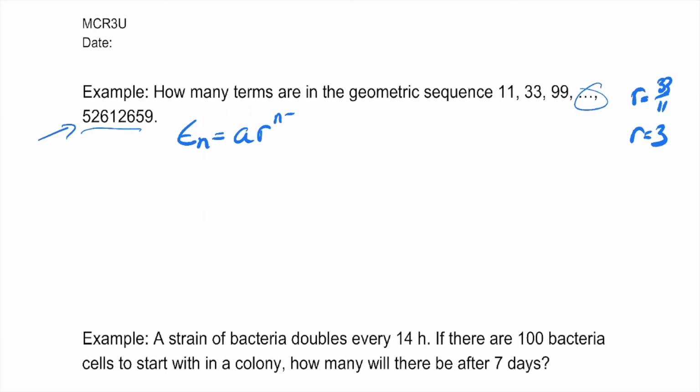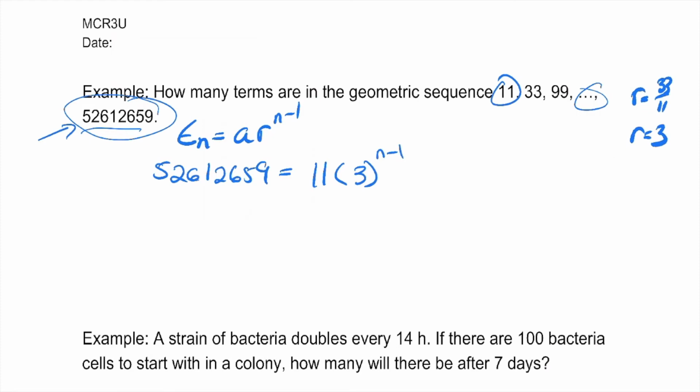We don't know what n is. That's what we're trying to figure out. But at least we know what T of n is. So T of n is 5,261,265,9, which is equal to the first term of my sequence, 11. We just determined the common ratio here is 3. And again, we don't know what n is.